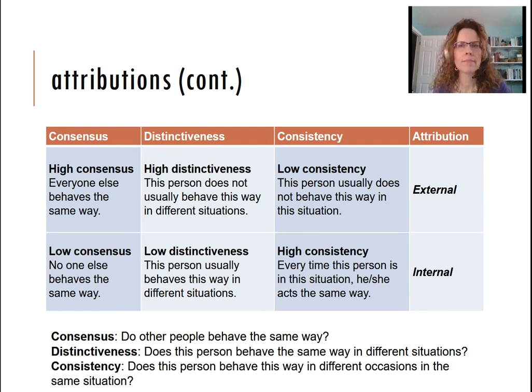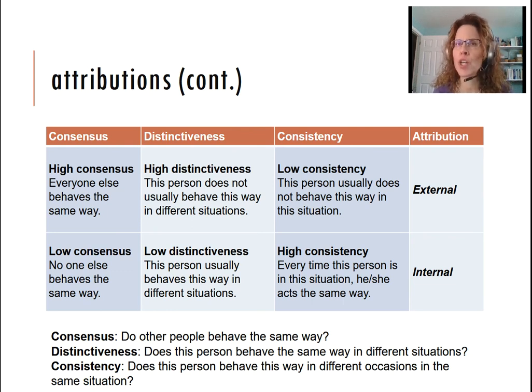Now let's imagine a different situation where you notice that Joe is late, let's say on March 26th, which would be Thursday. Joe came in late that day to class, but every other class day, Joe's on time. So low consistency.